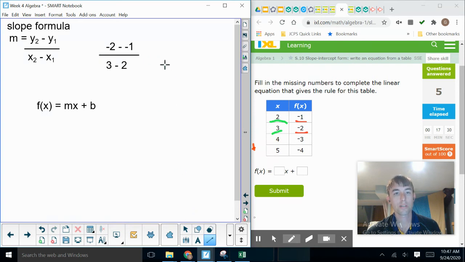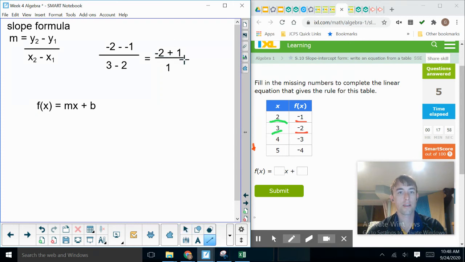And we want to see what this equals. So equals negative 2 minus negative 1 is going to be equal to negative 2 plus 1. And I know from here, 3 minus 2, that's going to be 1. So that's easy.